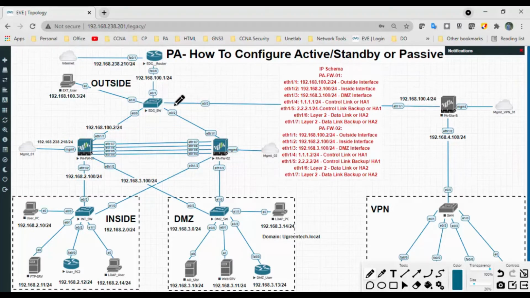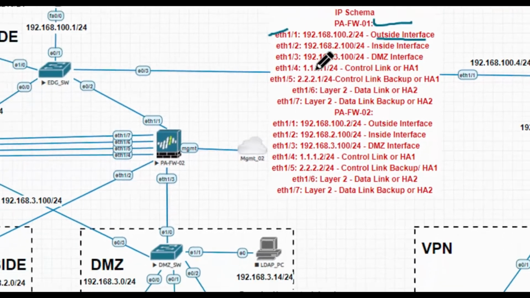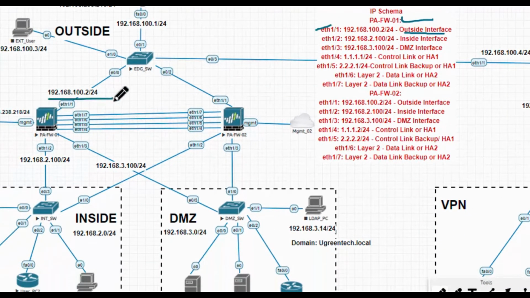This is my IP schema for firewall 1. In this, ETH1/1 is connected to the outside interface, which has the 192.168.100.2 IP address, and ETH1/2 is my inside, which has 192.168.2.100, and ETH1/3 has 192.168.3.100.